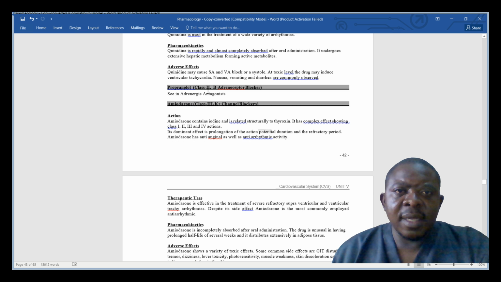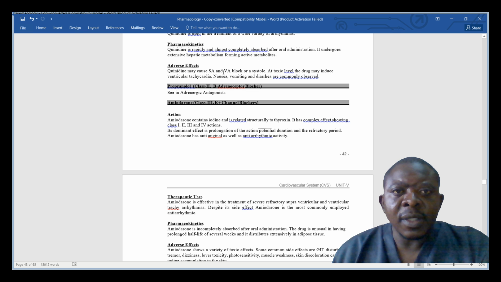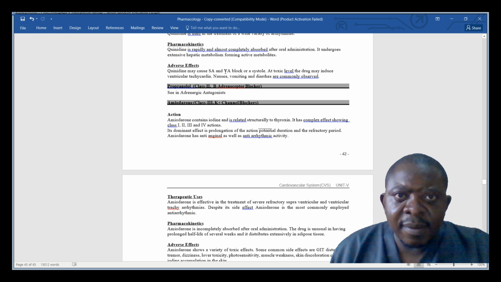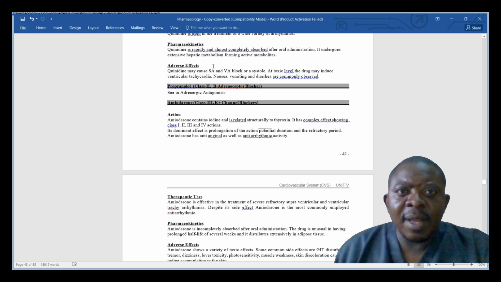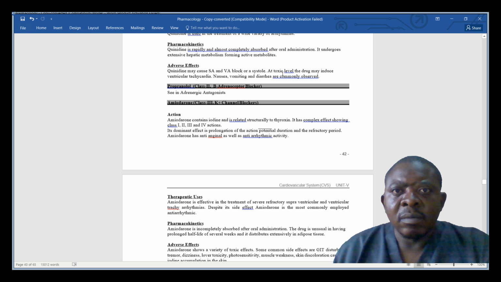Quinidine may cause SA or AV block or asystole. A toxic level of the drug may induce ventricular tachycardia. Nausea, vomiting, and diarrhea are some of the common adverse effects.